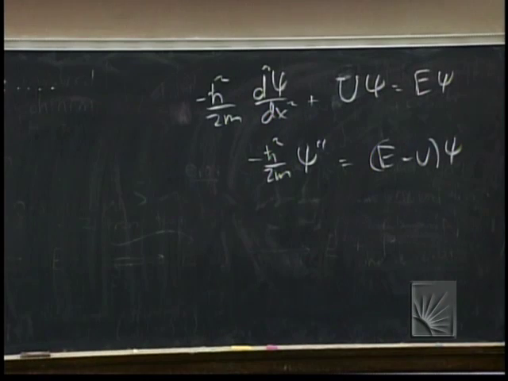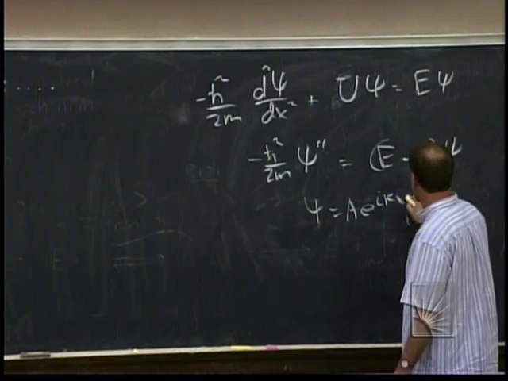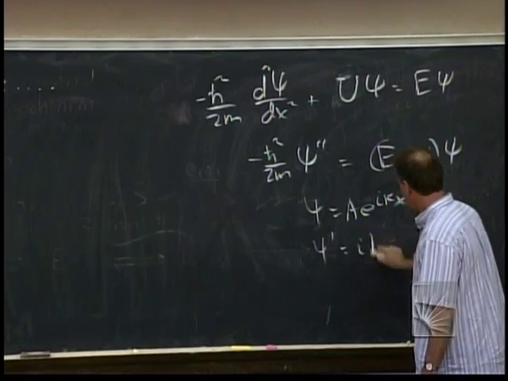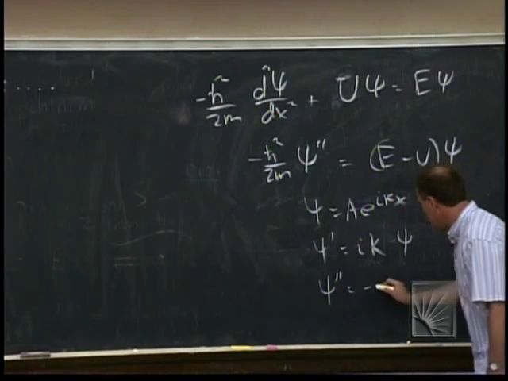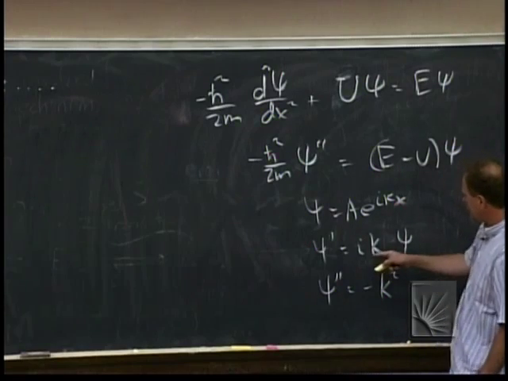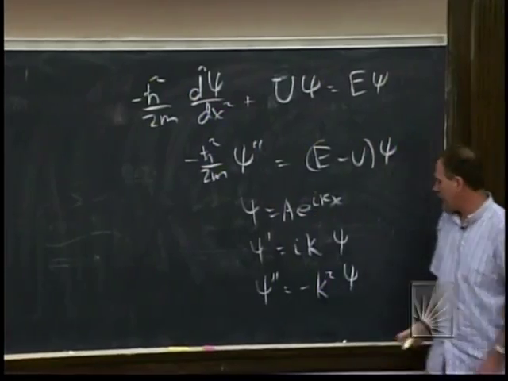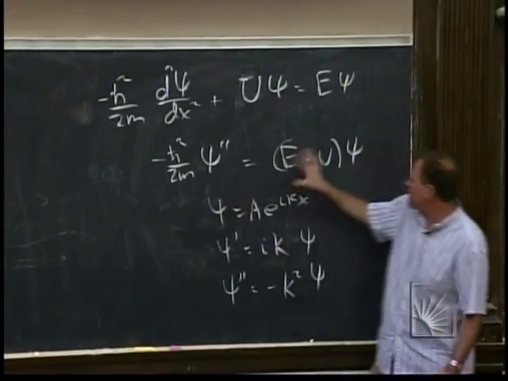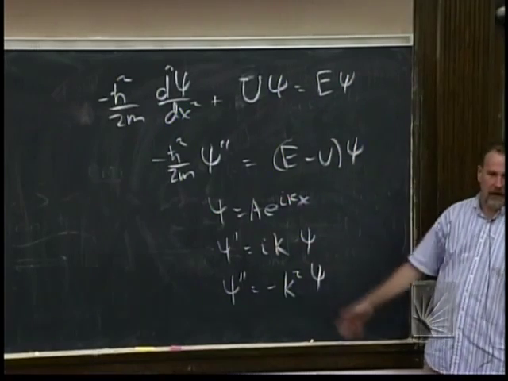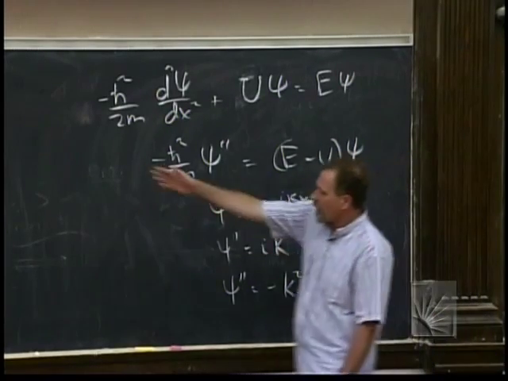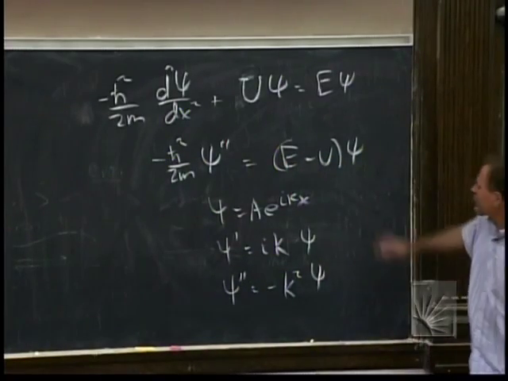If I say psi is some constant times e to the ikx, then psi prime is ik times psi, and psi double prime is minus k squared times psi, because it's ik times ik times psi. I'm plugging that in, the minus signs go away, and I'm getting k squared h bar squared over 2m equals that. Boom, boom, boom. You should be able to whip that out. I keep saying it. So no, I don't want to use k double prime because, in fact, u is 0 out there.